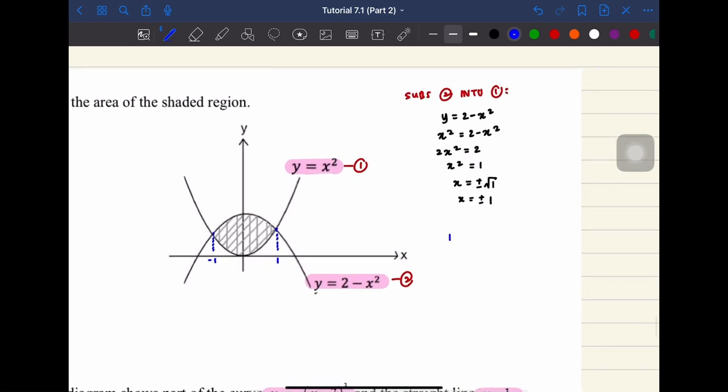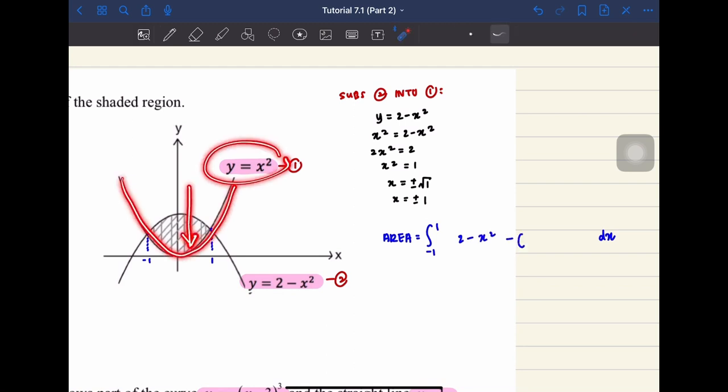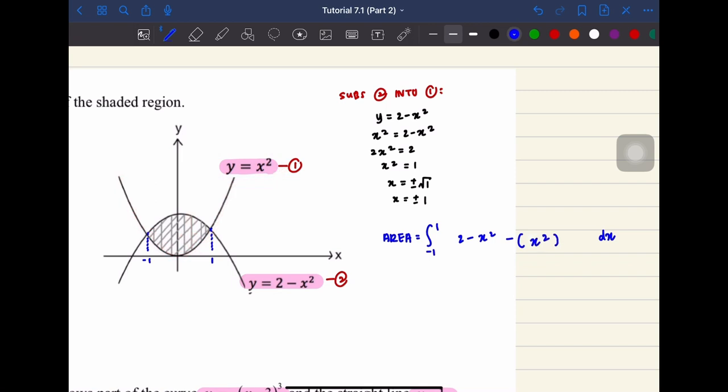Okay, now we can find the area, guys. So the area is from negative 1 until 1 and we use dx. Kenapa dx? Sebab dia value limit dia value of x. Okay. So daripada atas kita jumpa this curve dulu, which is 2 tolak x square. So 2 tolak x square tolak. So function yang bawah adalah function curve ni, which is x square tolak x square. Okay. So kita buka bracket dulu.